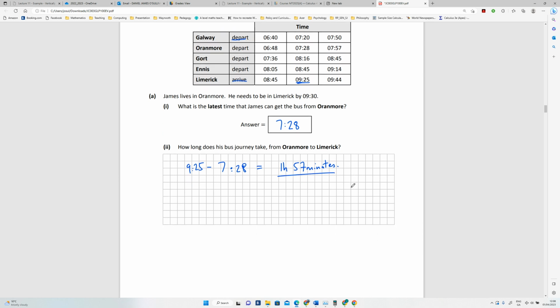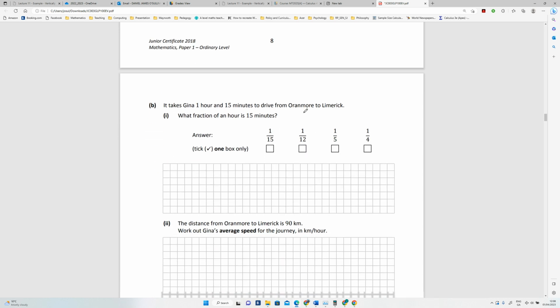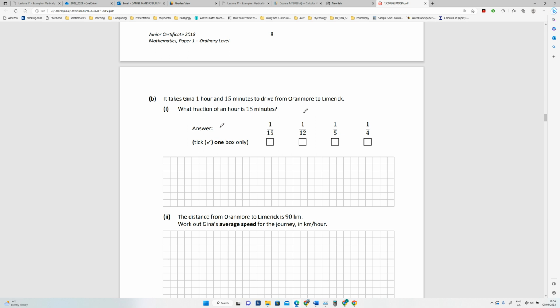Okay, that's that. Part B, it takes Gina 1 hour and 15 to drive from Oranmore to Limerick. What fraction of an hour is 15 minutes? This first part is nothing to do with the Gina information.